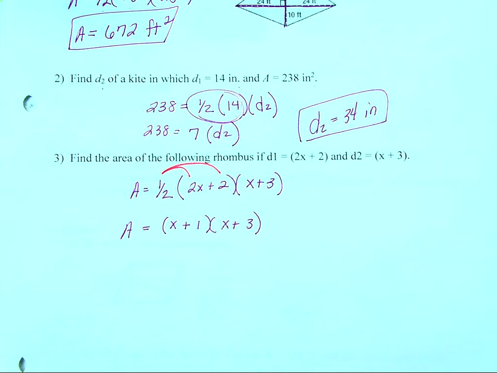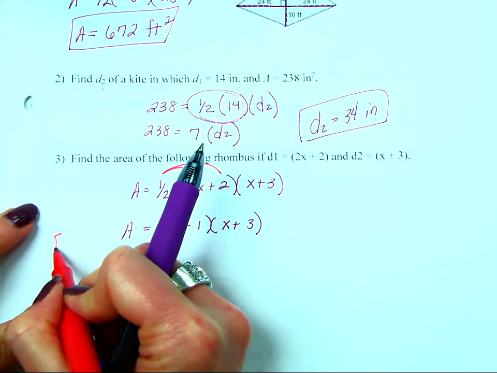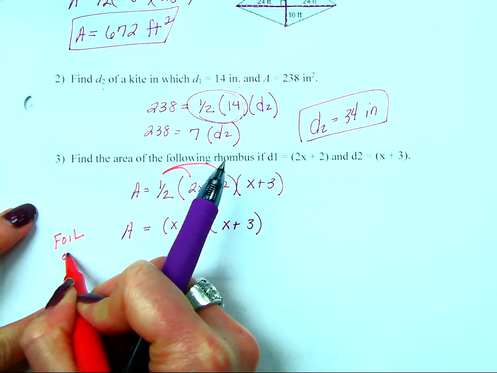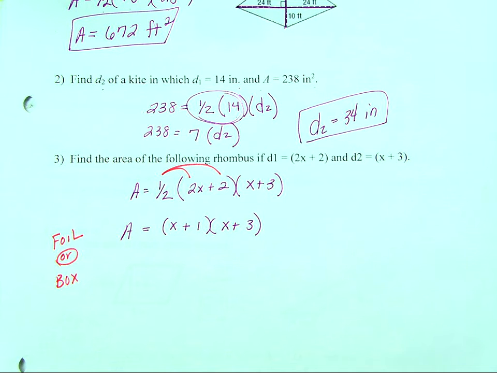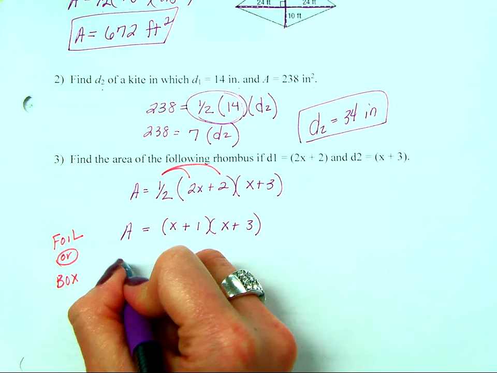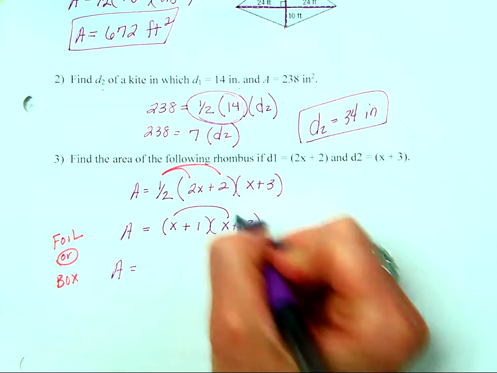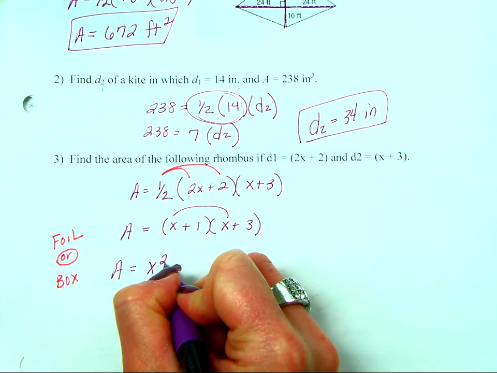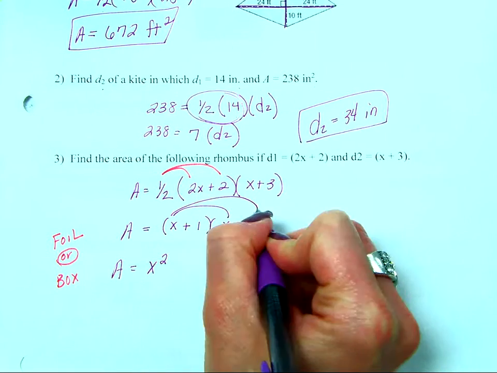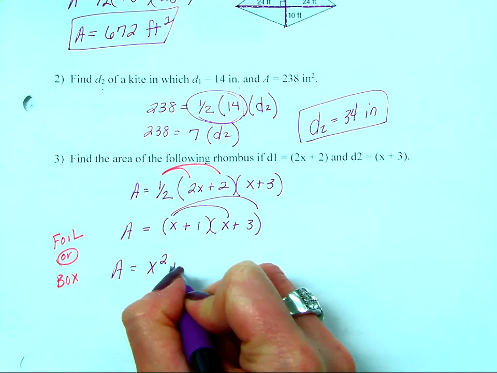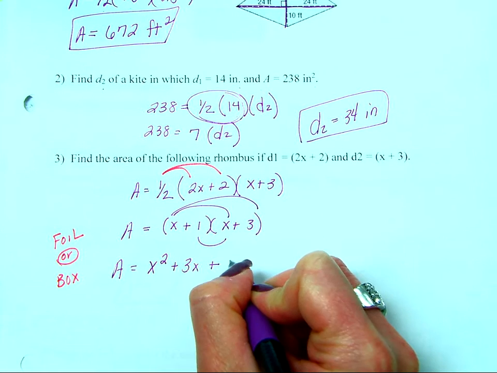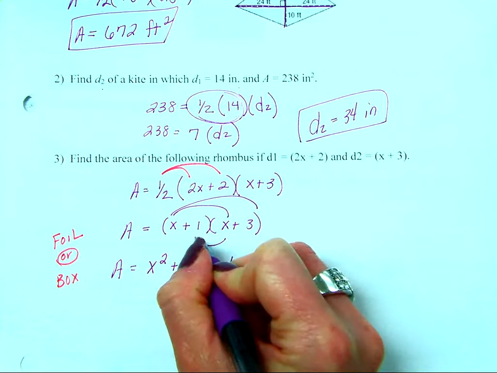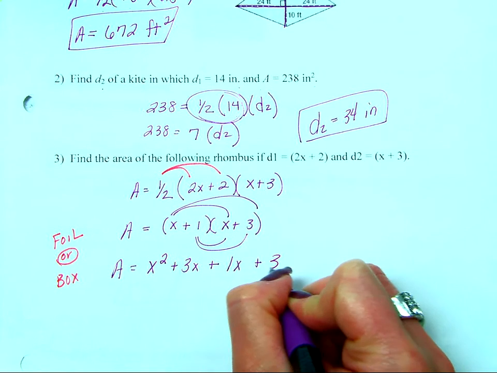What is that going to require us to do? Right, we are either going to need to FOIL or we need to box. Okay, so if I'm going to take a look at foiling, I'm going to do my first terms, x times x, my outside, x times 3, inside, x times 1, and then my last terms, 1 times 3.